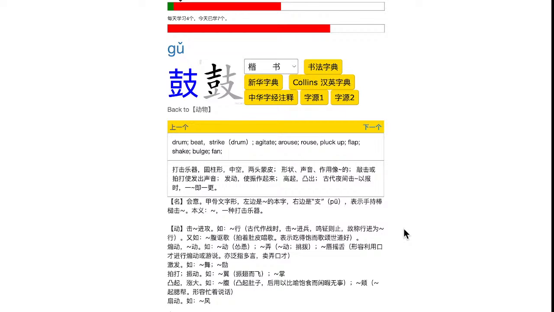Okay. And another thing is 鼓 means bulge up, like 鼓腹. 鼓, that means your belly is bulged up. And also used as a measuring word. That means the number of times that you're beating the drum or some kind of sounding instrument.